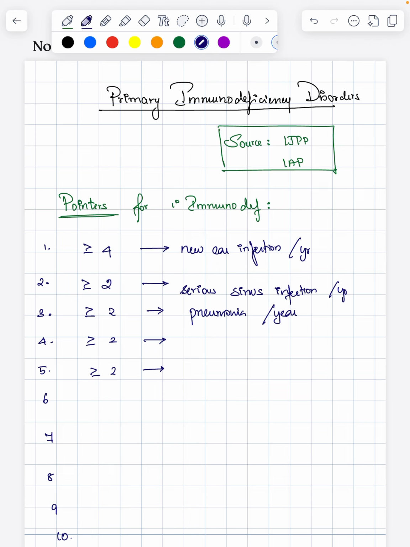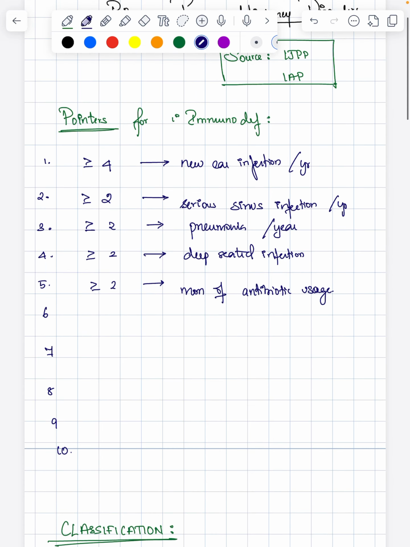Or when the child is having more than or equal to 2 deep-seated infections including septicemia. Or when the child has had 2 or more months of antibiotic usage, you suspect the child to have a primary immunodeficiency disease.